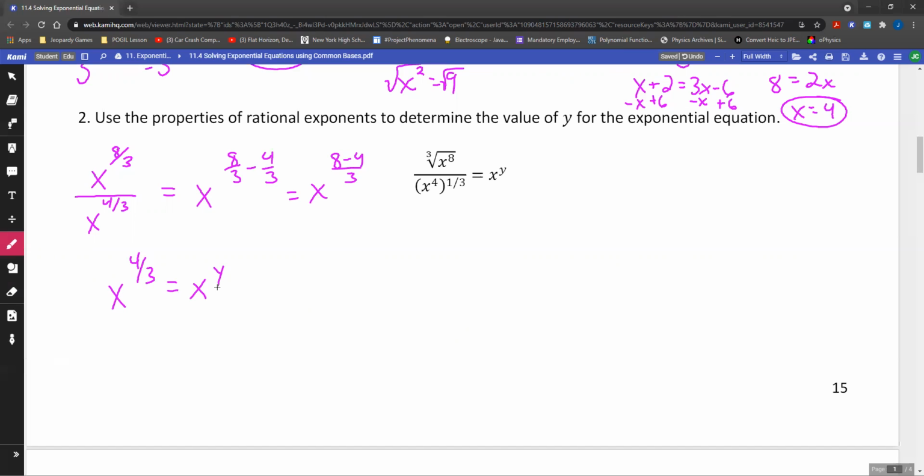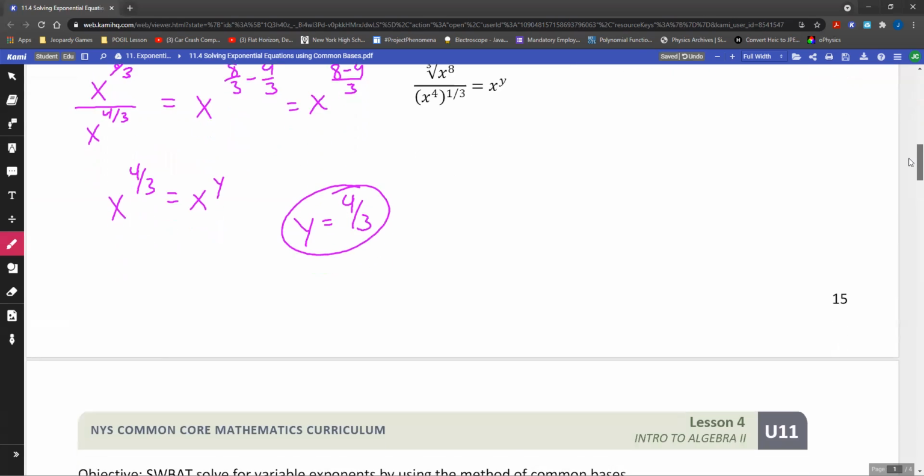Now I can go back to my original equation, replace the entire thing on the left with x to the 4/3, and so that it's going to be equal to x to the y. Same bases mean that these two exponents are the same. Okay. Moving down.